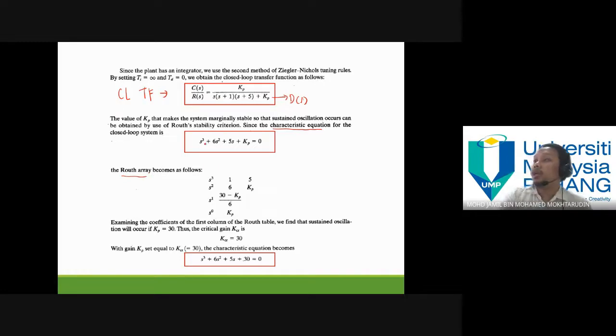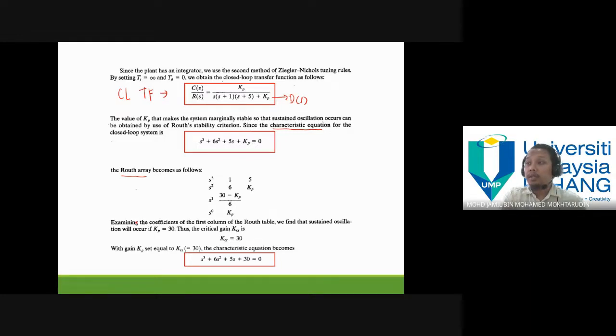So here we start at s to the power of 3, followed by s squared. We arrange them alternatingly, then calculate s1 using the determinant, and calculate s0. Okay, so then we can determine the value of Kp and also the frequency at the j omega crossing.